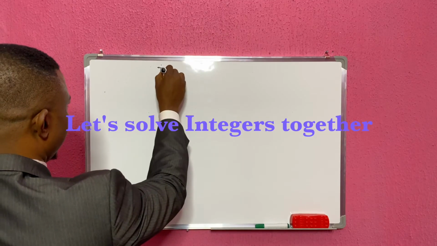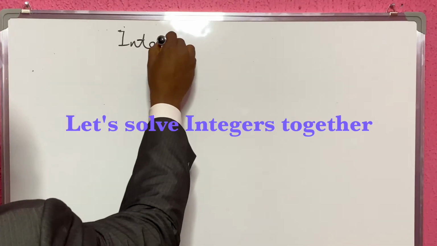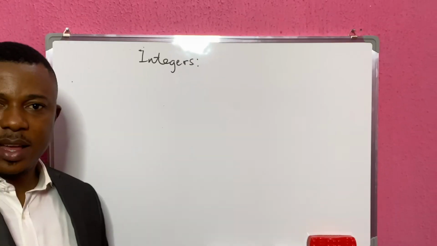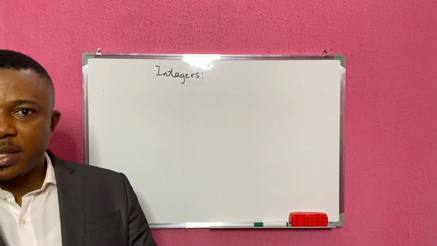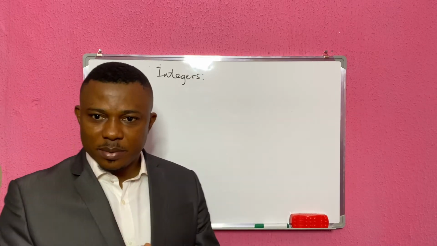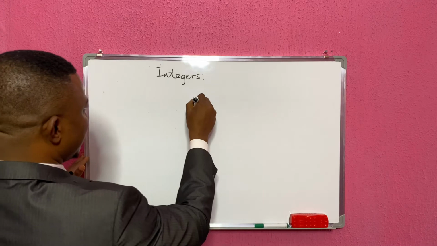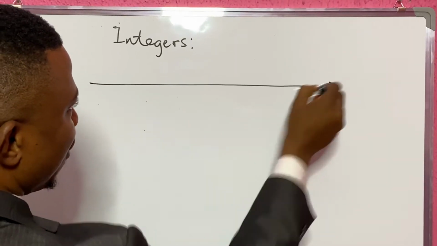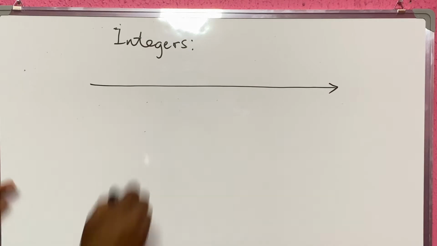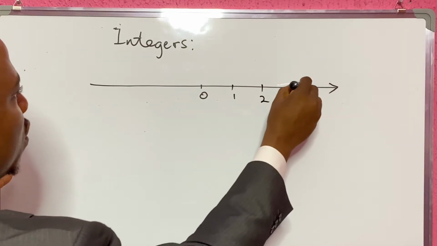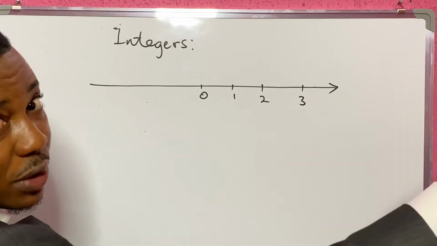Integers. These are positive whole numbers, negative whole numbers, and zero. Let me put them on a straight line for clarity. Here is 0, 1, 2, 3, and so on.